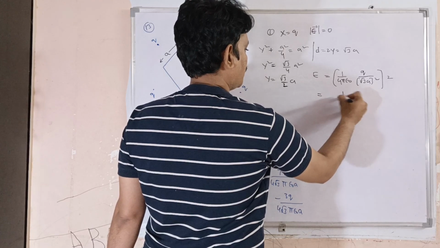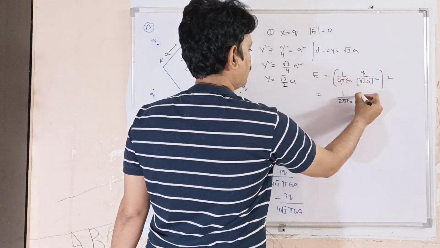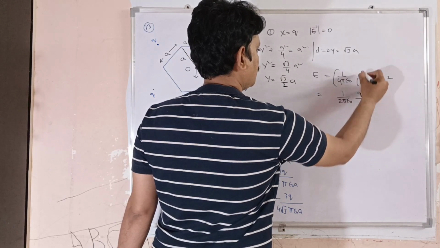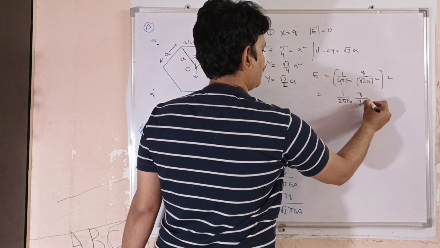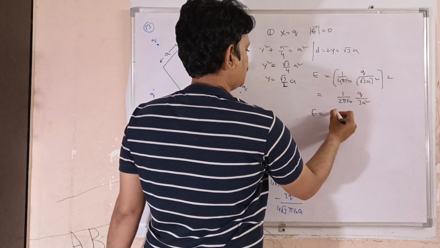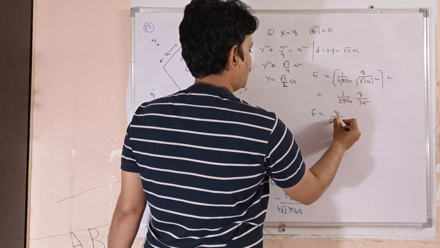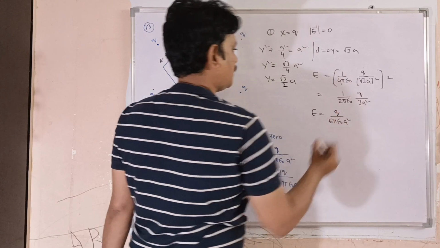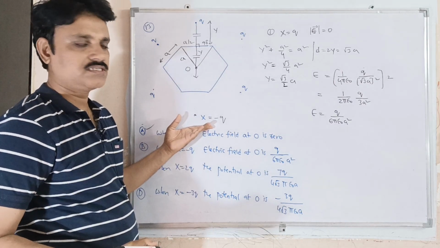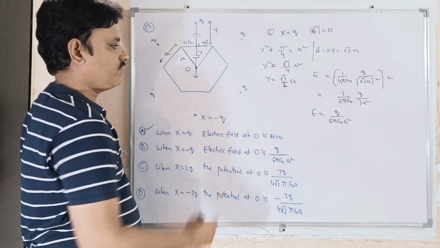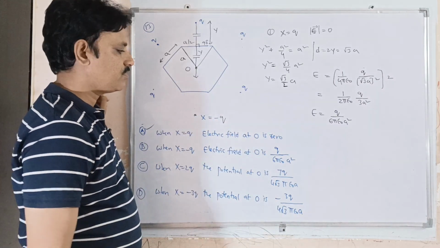So finally 1 by 2 pi epsilon naught q by 3a square. So electric field is equal to q by 6 pi epsilon naught a square. Okay students, if in place of x the charge is minus q, the electric field is q by 6 pi epsilon naught a square.